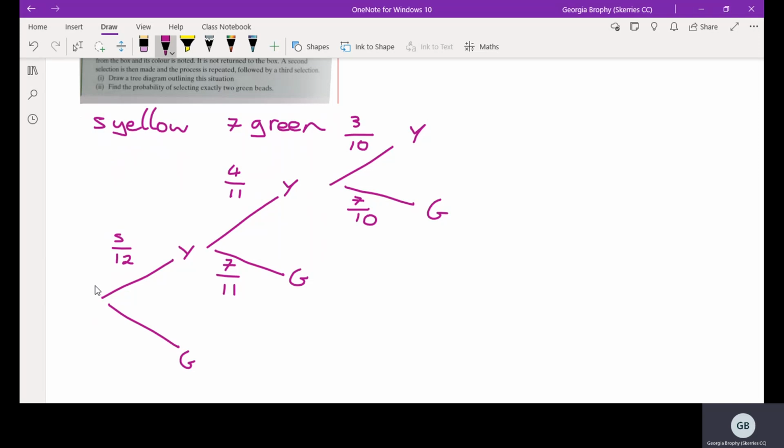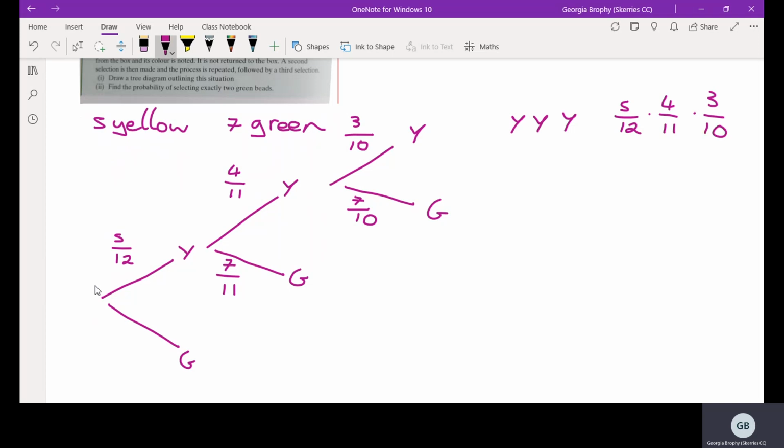Okay, so your outcome then for this first one would be yellow, yellow, yellow. And the probability would be 5 over 12 by 4 over 11 by 3 over 10.